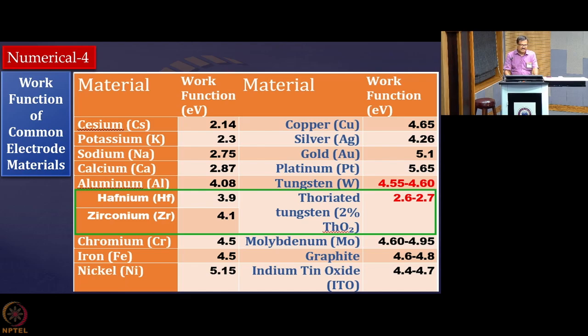But when oxidizing gases are there, in this green zone what you are seeing here, this is 3.9 and this is 4.1, hafnium and zirconium. So hafnium obviously is a better material and zirconium is close to that.